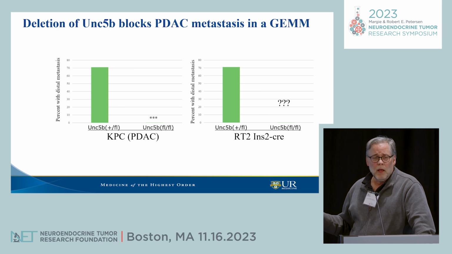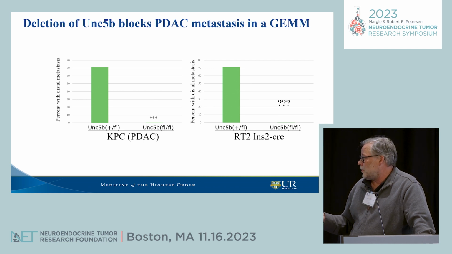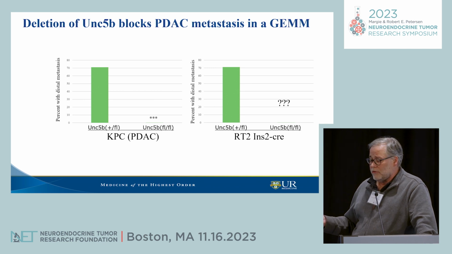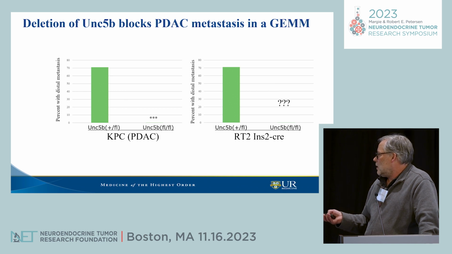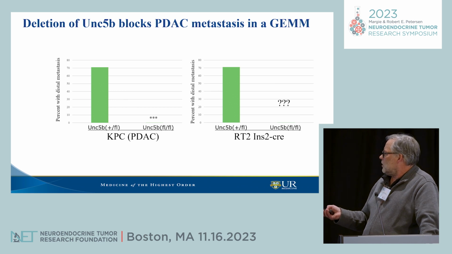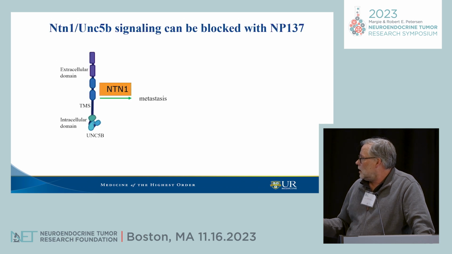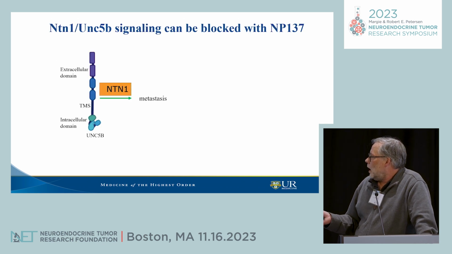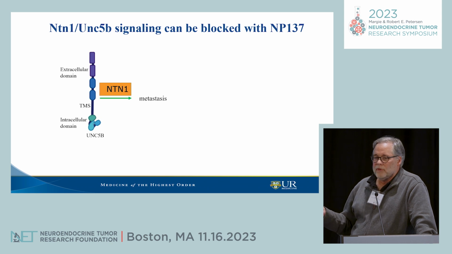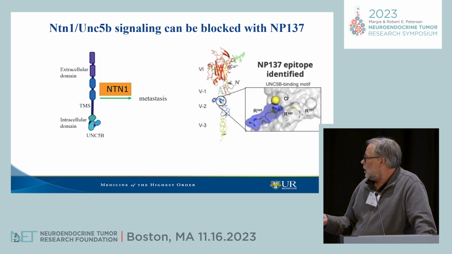I think there's one other case of parathyroid-like hormone that does something similar, but this is a really strong effect. And we keep wanting to get funding so we can do this in RipTag mice, and we haven't done this yet. Okay, so we know that netrin binds to UNC5B and causes metastasis of adenocarcinomas.